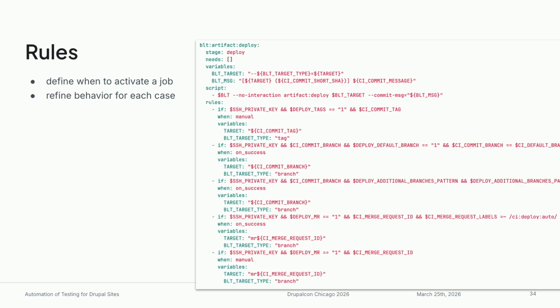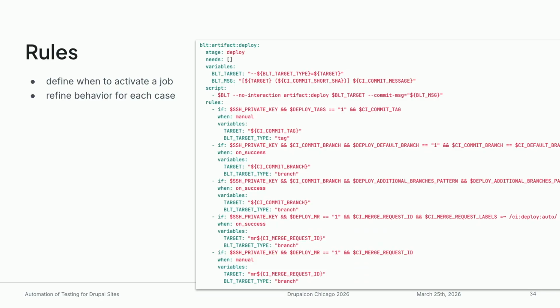The first one is what to do if what got pushed is a tag. The next one is whenever we push to the default branch, and so on and so forth. The next one is if it's a merge request that we want to run automatically, and so on and so forth. You'll notice that it does two things. It sets up the condition when the job should run, but it also customizes the behavior.